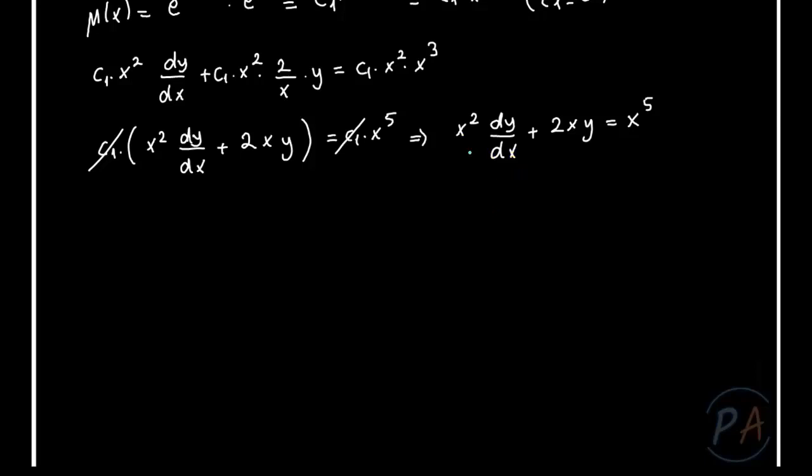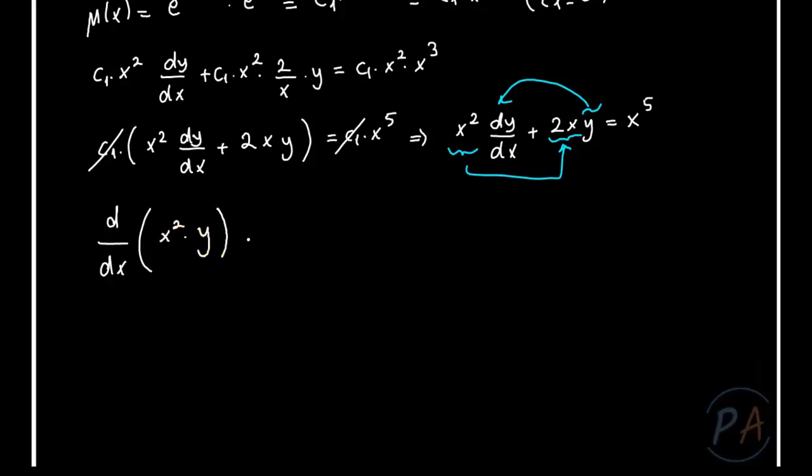Now let me check. The derivative of x squared is 2x here, and the derivative of y is dy over dx here. So the left hand side of the equation can be written as d over dx of x squared times y equals x to the power 5.